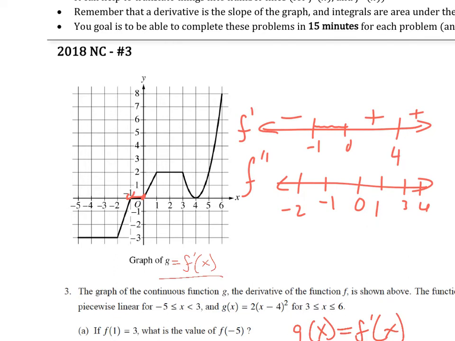Anyways, just remember that sometimes it's going to be helpful to translate this. Looking at the slope here, the slope is 0. Here the slope is positive. Here the slope is 0. Then here the slope is positive. I'm not sure if this will help for this particular problem, but number lines can be helpful. So keep that in mind.